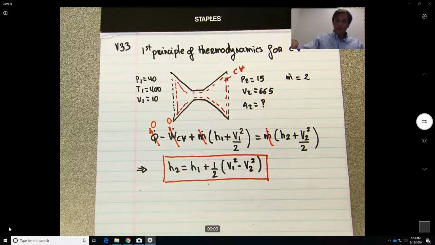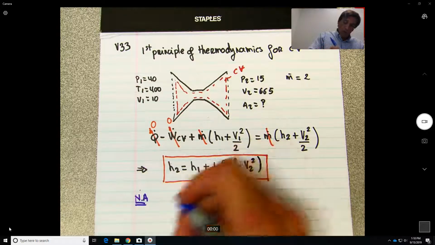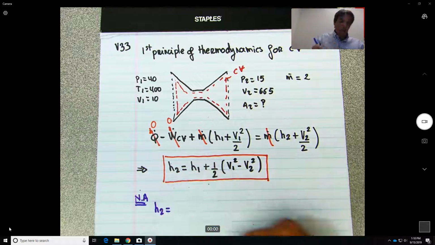So let's do the numerical application. So we have H2 is equal to what?